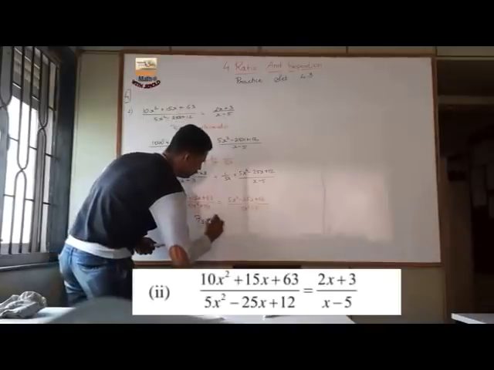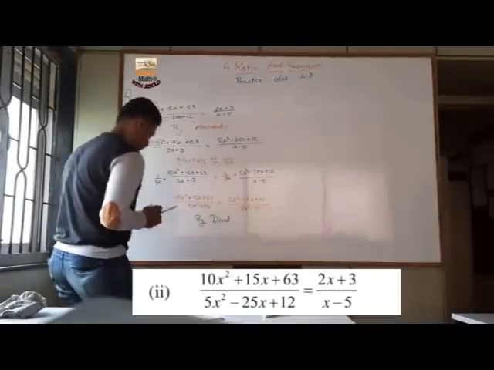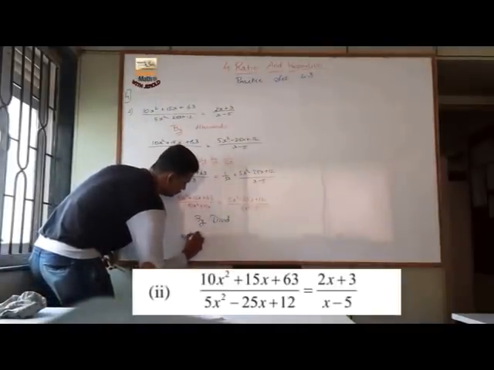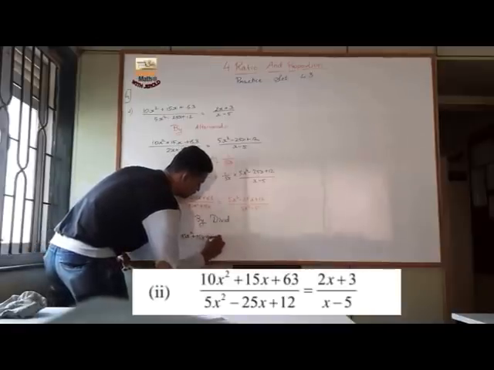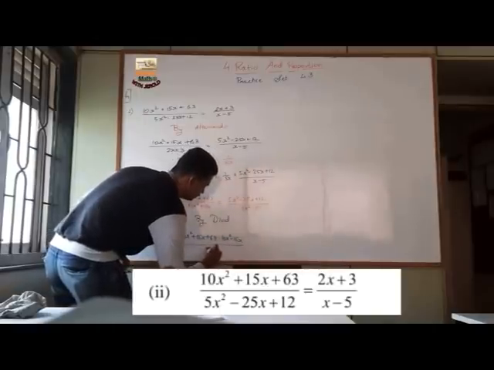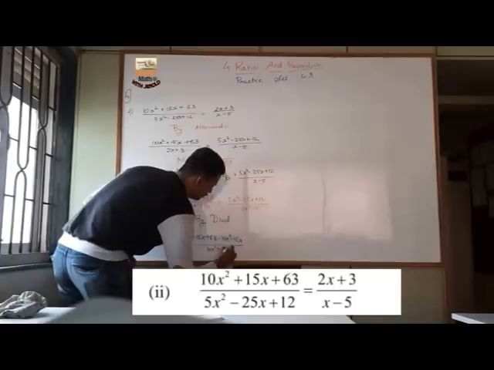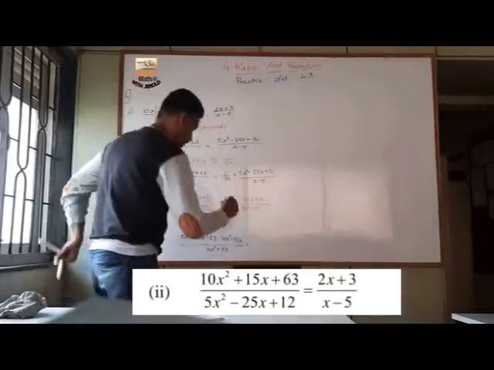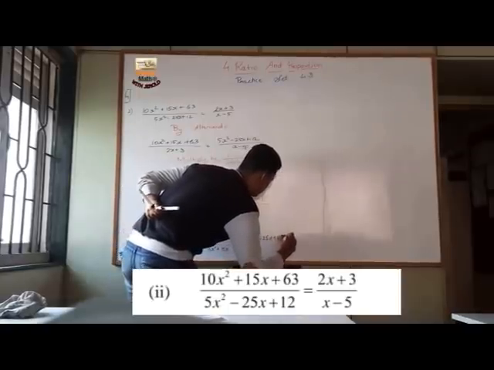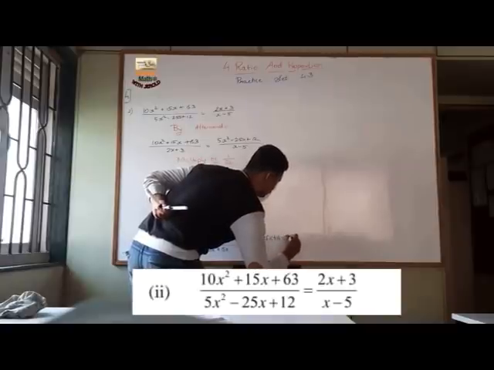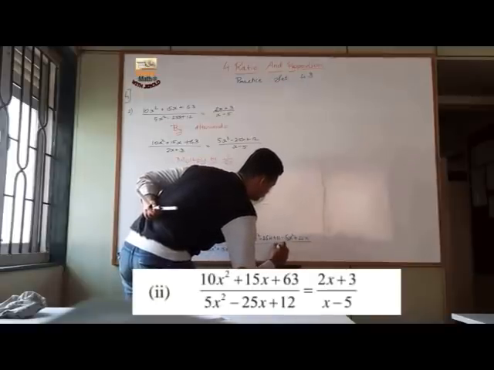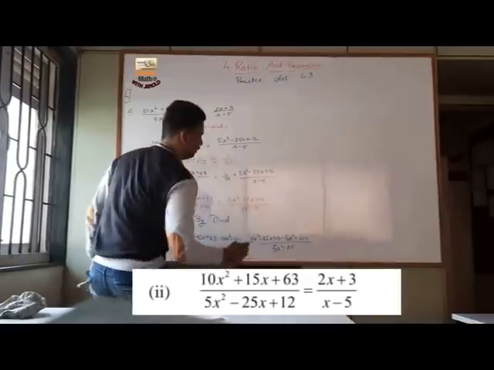By dividendo we will get 10x squared plus 15x plus 63 minus 10x squared minus 15x divided by 10x squared plus 15x is equal to 5x squared minus 25x plus 12 minus 5x squared plus 25x upon 5x squared minus 25x.